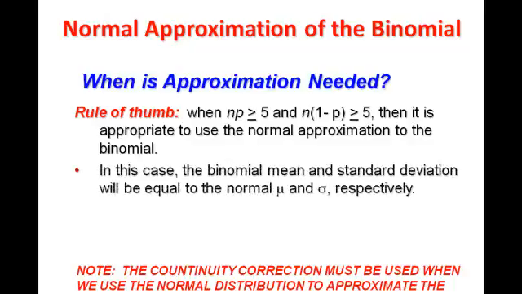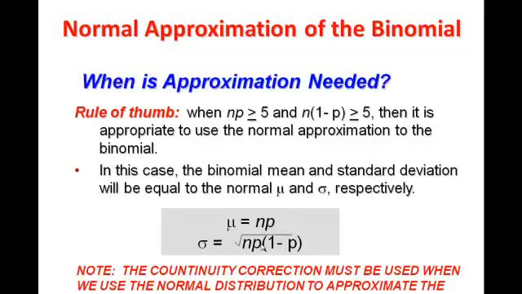So, in this case, the binomial mean and standard deviation become like mu and sigma. So, again, n times p, that's the number of trials times the probability of success. If that exceeds 5, we use the normal approximation for the binomial.